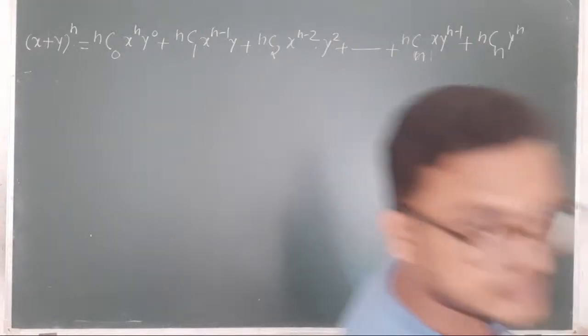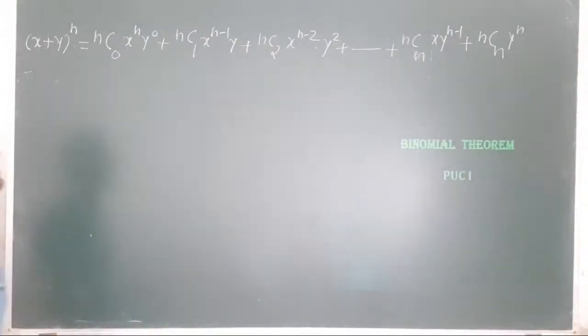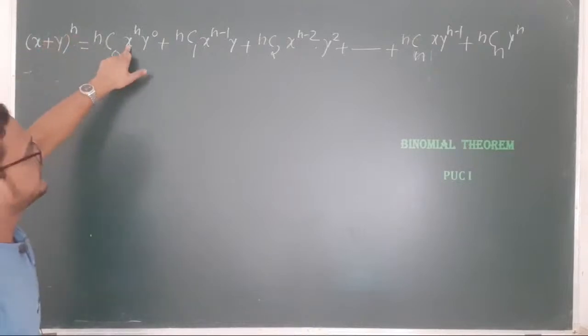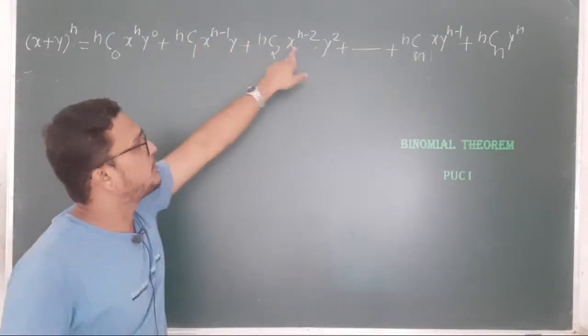Okay, so in this statement, the first term, that is x, will go on decreasing: x to the power n, x to the power n minus 1, x to the power n minus 2.